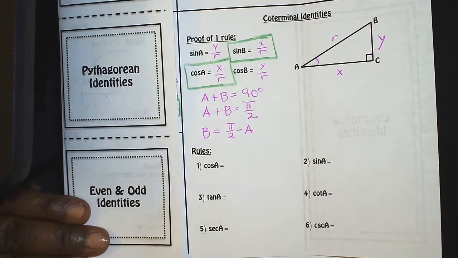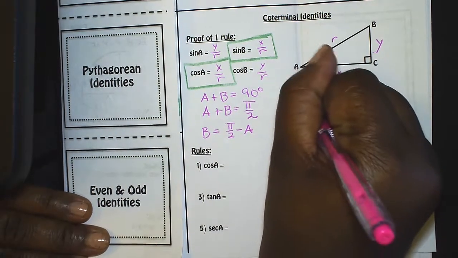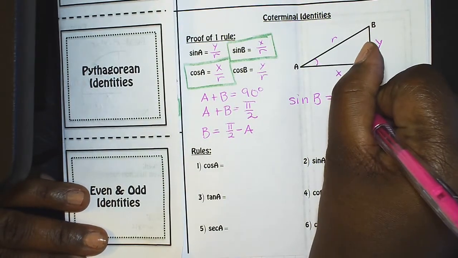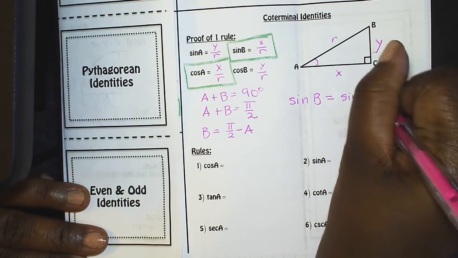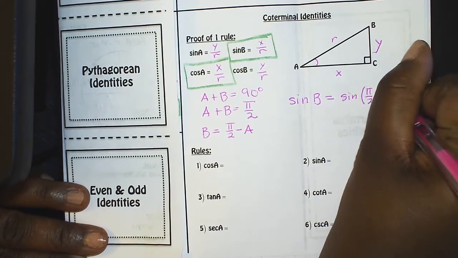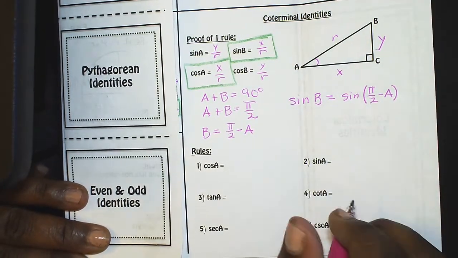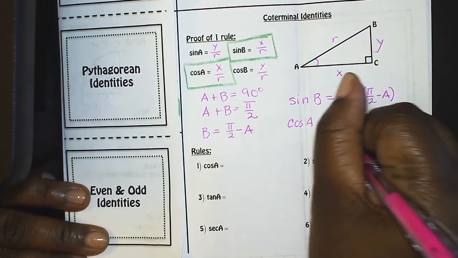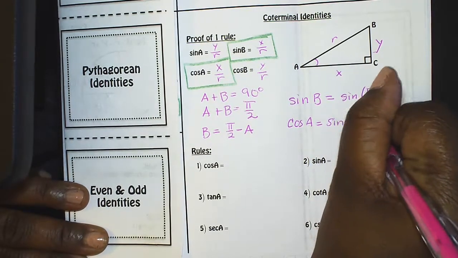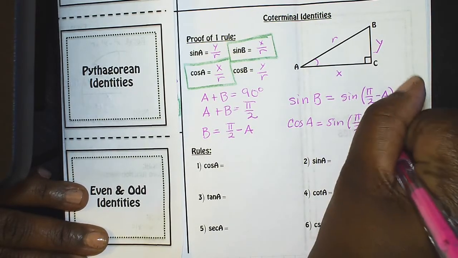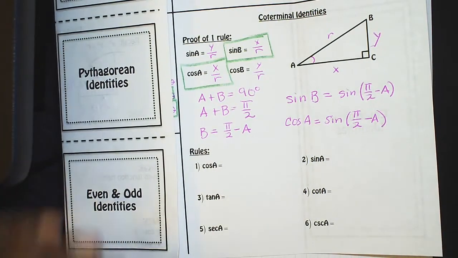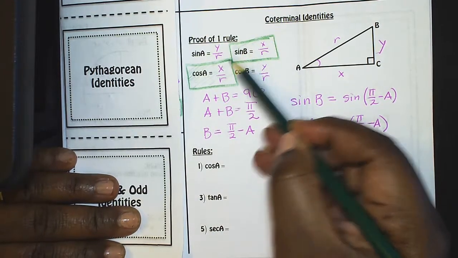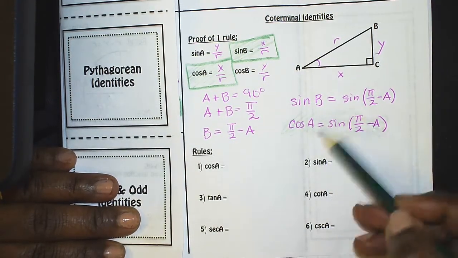So we can see that the sine of B would be the sine of pi over 2 minus A. The cosine of A would be the sine of pi over 2 minus A, because of this relationship up here, they're the same. So I can write this because of that.